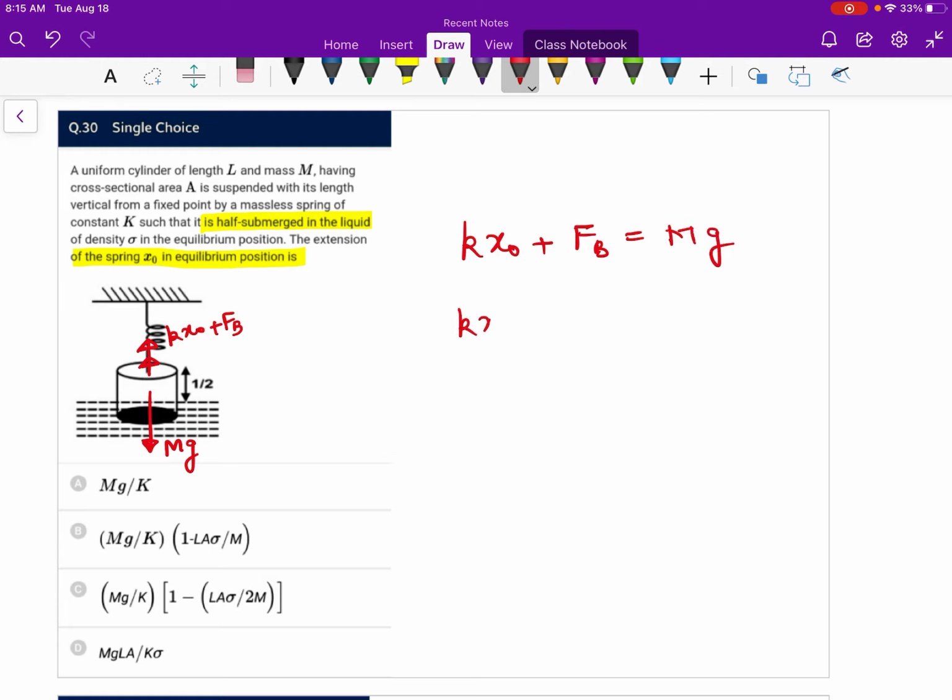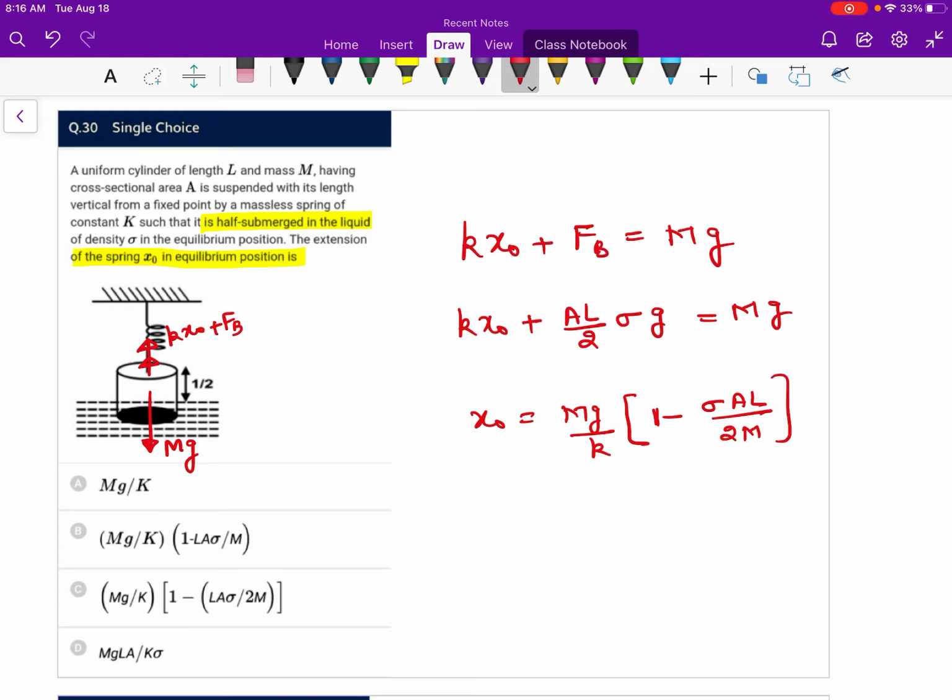Buoyancy force is half volume, Al by 2, into density of fluid into g. So x0 is mg by k times 1 minus sigma Al upon 2m. So C is the correct option.